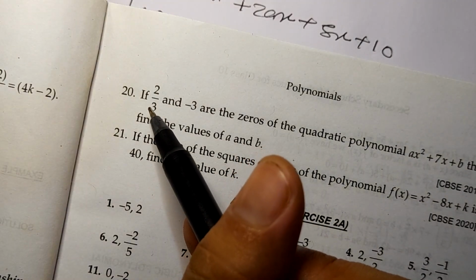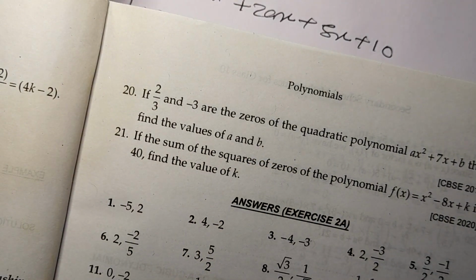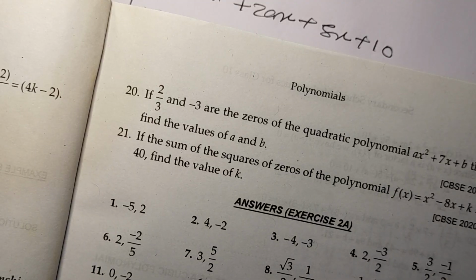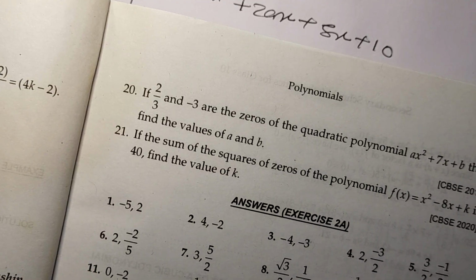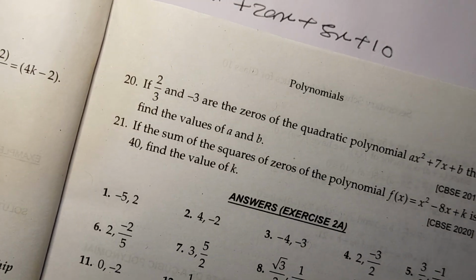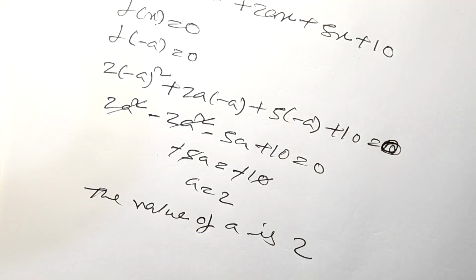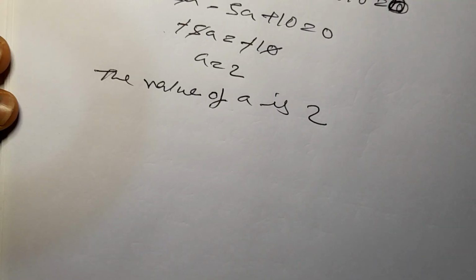Here alpha and beta are given, as well as the quadratic equation is given. We have to find the unknown, that is a and b. So for that, first what are the given? The zeros are given.